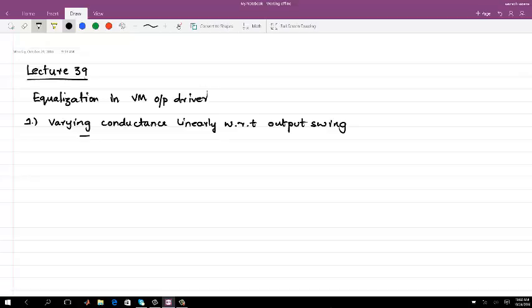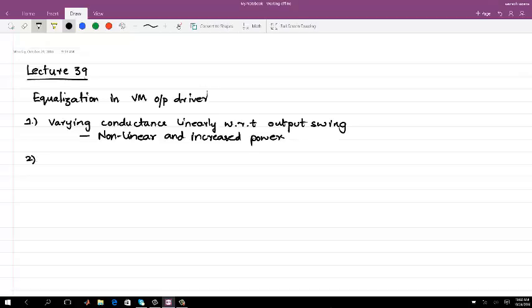But this has a non-linear and increased power consumption. This is the one which we saw.